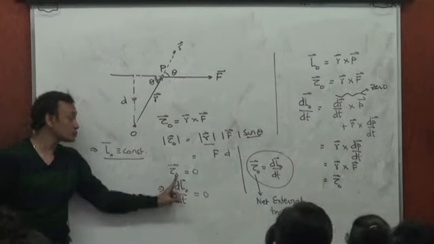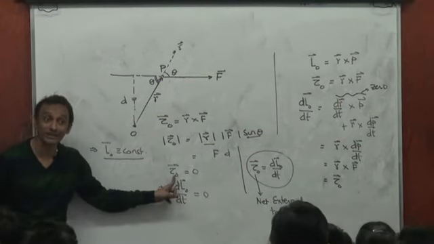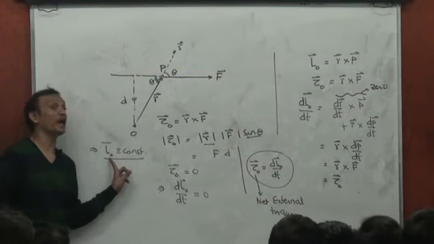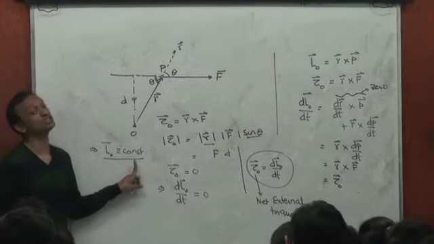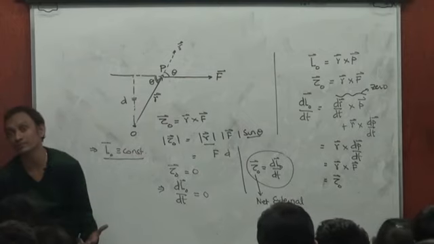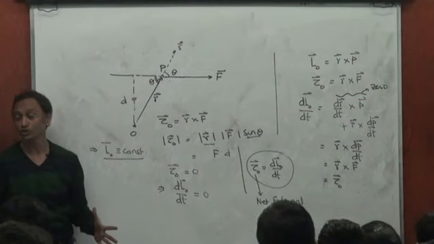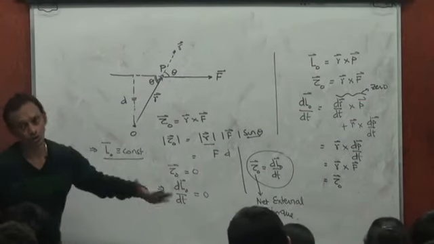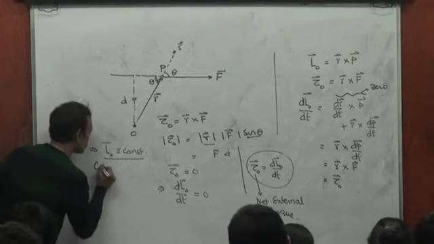Means in the absence of a net external torque about a point, the angular momentum about that point remains preserved. That's conservation of angular momentum.